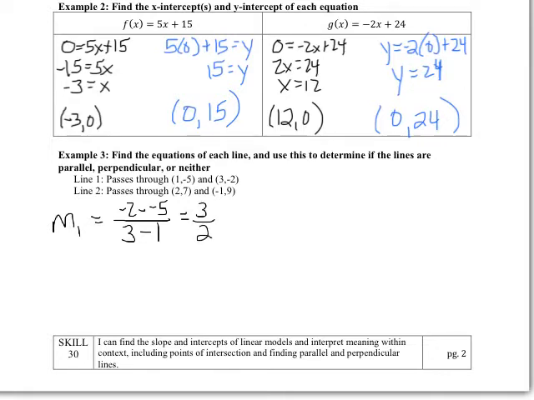So you could say, using the point slope form, the equation of our first line is y plus 5 equals the slope times x minus 1.